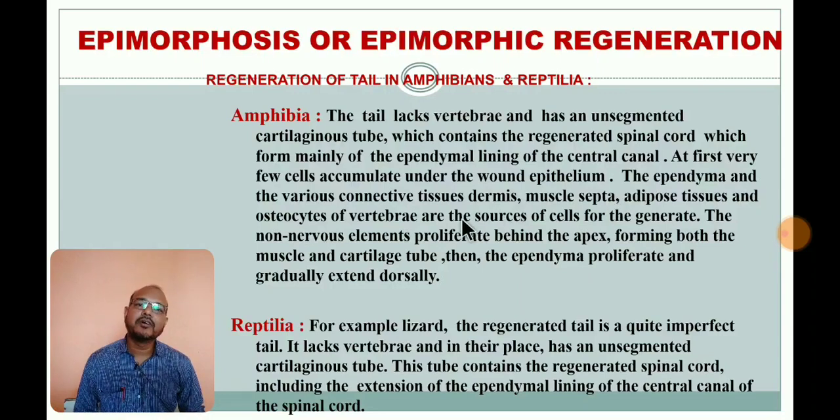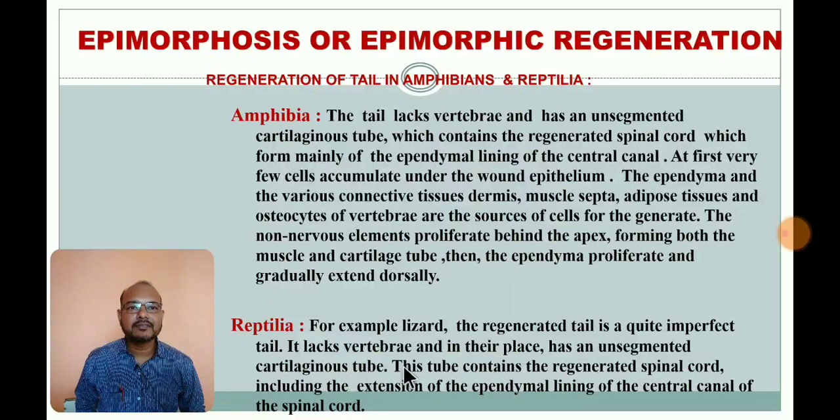At first, very few cells accumulate under the wound epithelium. The epidermis and the various connective tissues, dermis, muscle septa, adipose tissues and osteocytes of the vertebrae are the sources of cells for the regenerate. The non-nervous elements proliferate behind the apex, forming both the muscles and cartilage. In reptiles, for example lizards, the regenerated tail is quite imperfect.